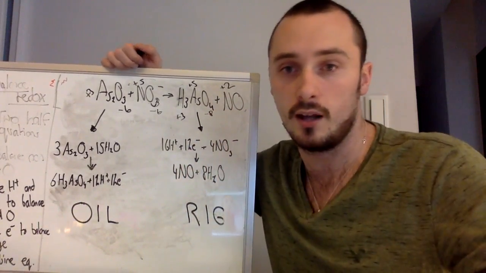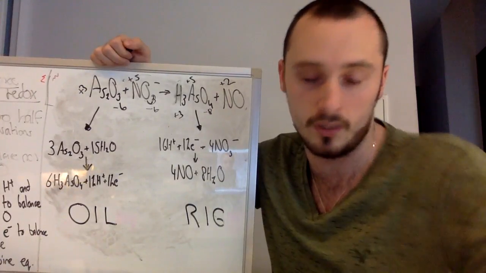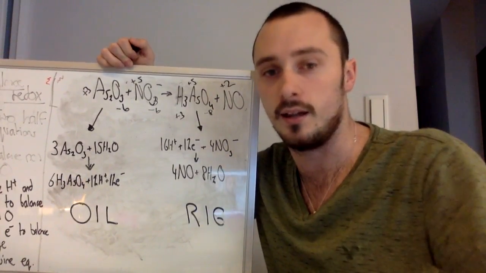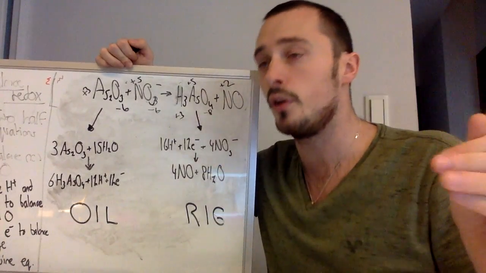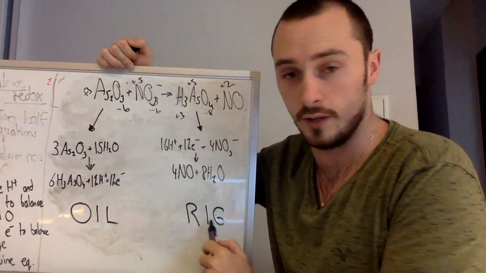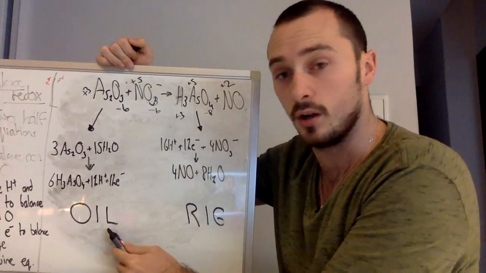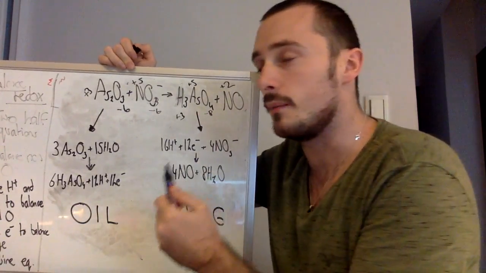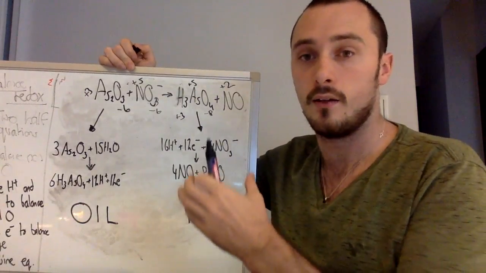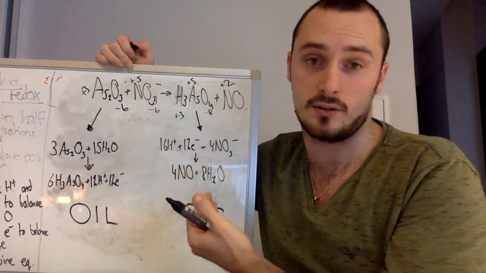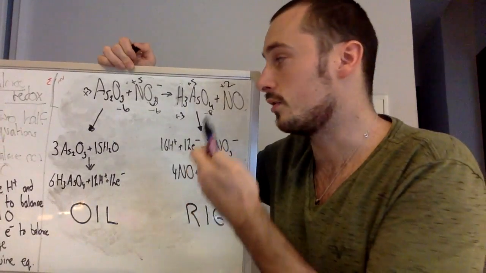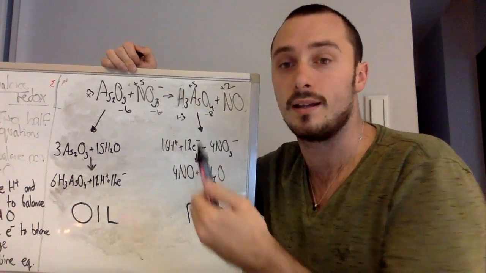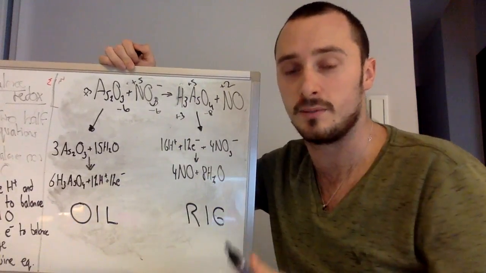Now, you often get asked questions about what is being reduced and what is being oxidized. Well, you can explain your answer in many different ways. Although you understand OIL RIG, oxidation is loss of electrons, reduction is gain of electrons, sometimes that's not inherently clear from the beginning, what is actually changing or losing what. So if you assign oxidation numbers to each species, then it's possible to know exactly what is being oxidized, exactly what is being reduced.